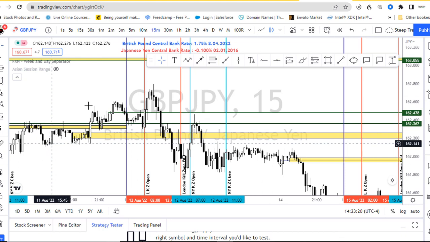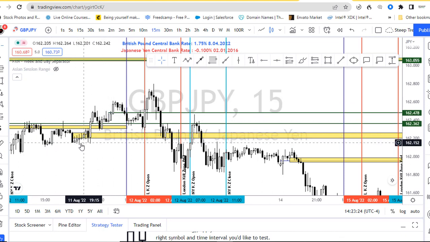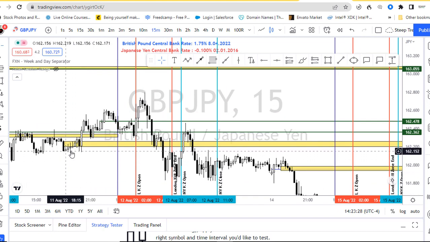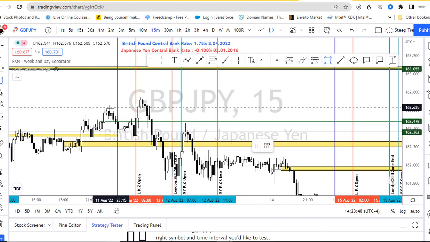Asia started right in here. So here's your low of Asia, here's your high of Asia right here, and then it traded back into it. So if you want to put a box around Asia, you can.